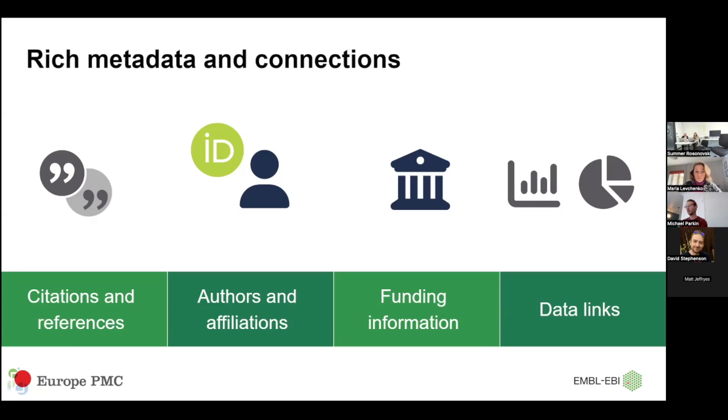Very pertinent for this call, funding information associated with publications. As you'll see, the first thing we'll be doing in these case studies is getting a list of publications funded by a particular funder, as well as data links to things like biological databases and such, or depositions of data in journal publications and where those might be. We'll see that in the third case study.